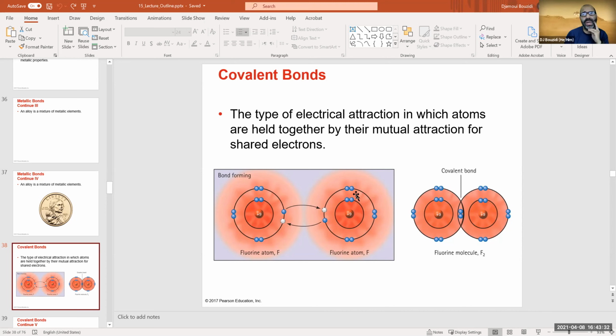And now each looks like it has its outer shell full, and both of them seem to be in happy, lower energy levels, getting rid of that excess energy, and it looks like a stable molecule, and that is how fluorine gas is formed.